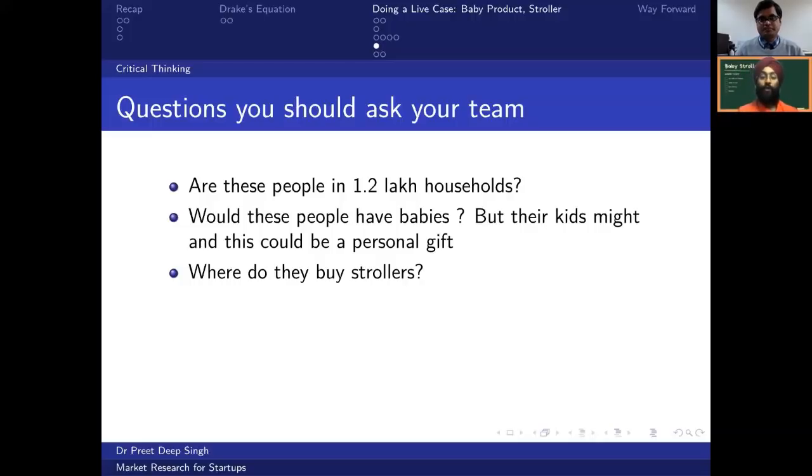If you are assuming that out of these taxpayers, husband and wife both earning goes to, let's say, 10%, then 10% of the people out of 1.2 will be reduced to households, and 10% of the people who earn 20 to 40 lakhs will also increase. Getting it? From individual, we are going to household, because a baby is not for an individual, a baby is for a household. Similar critical thinking needs to be applied to your product also.